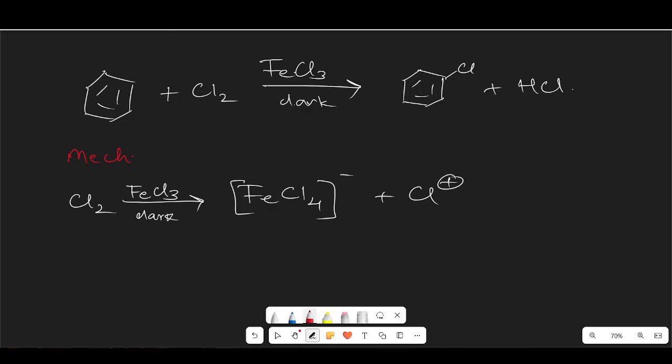This is your attacking electrophile. This is your nucleophile-catalyst complex.